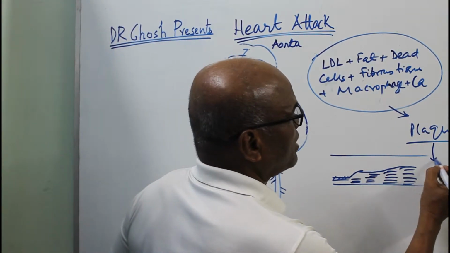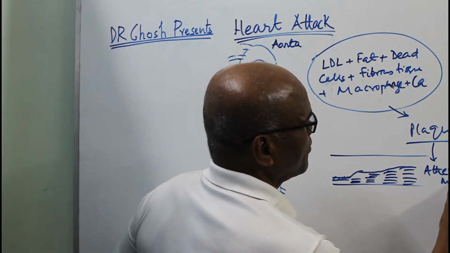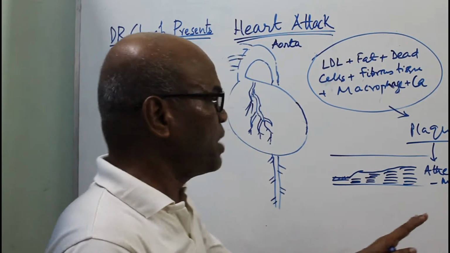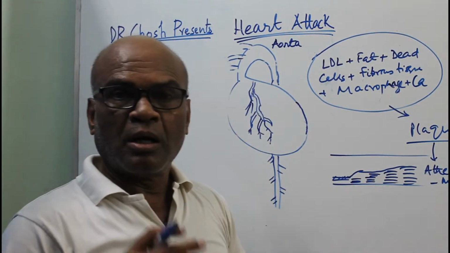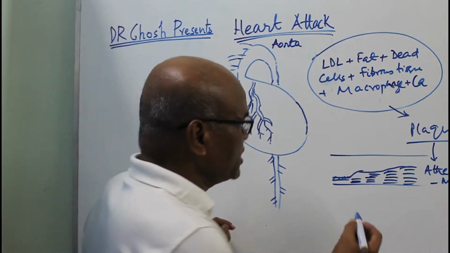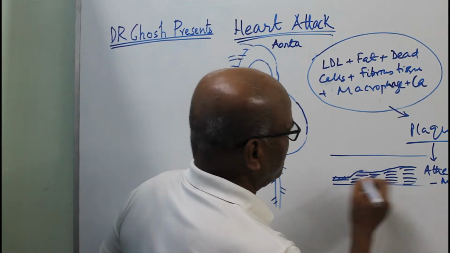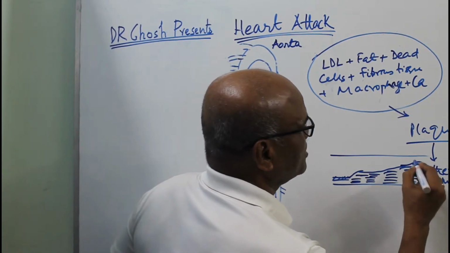Plaque is also known as atheroma, and the whole process is known as atherosclerosis. Technical term, atherosclerosis. Now see, while the layer is swelling up, at a particular point of time this ruptures.